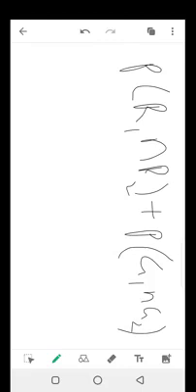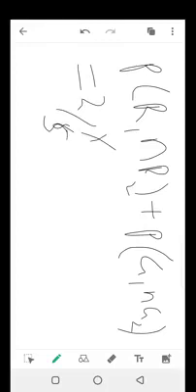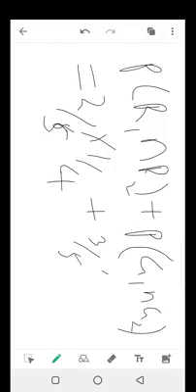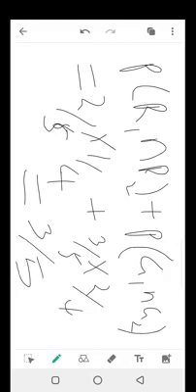This probability will be equal to the probability for the first red, 2 out of 5, times 1 out of 4, plus 3 out of 5 times 2 out of 4. When you simplify that, you end up getting 3 out of 5 as the answer.